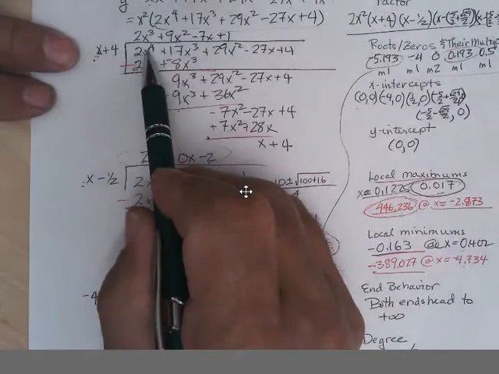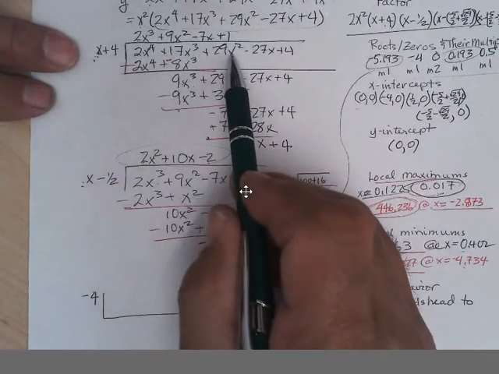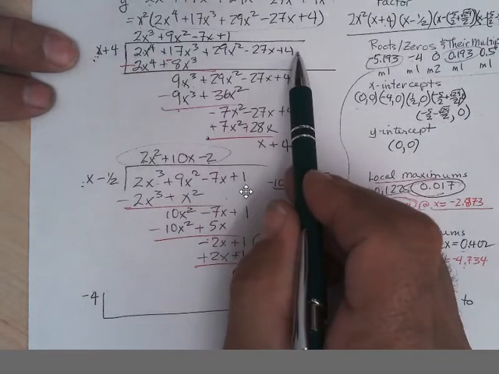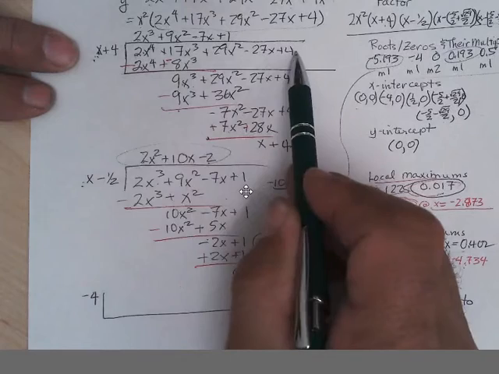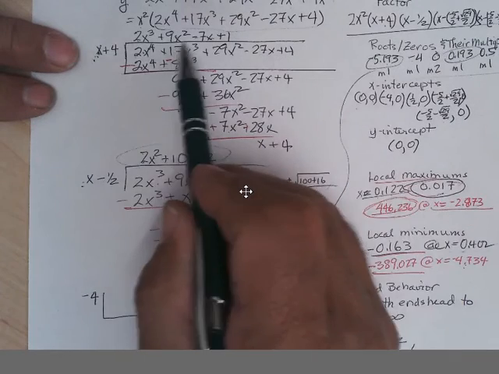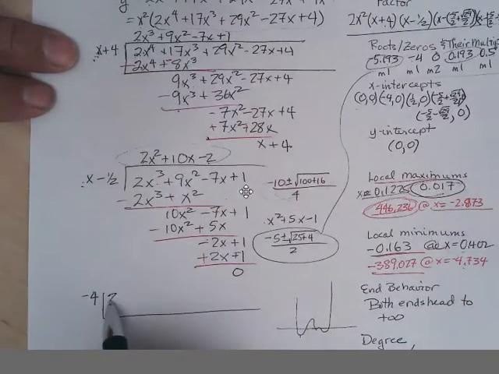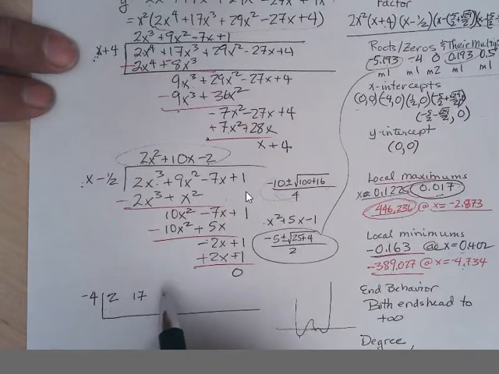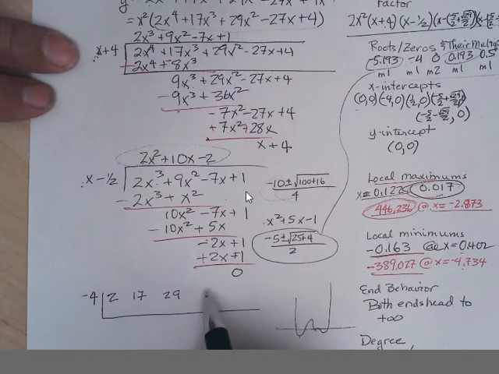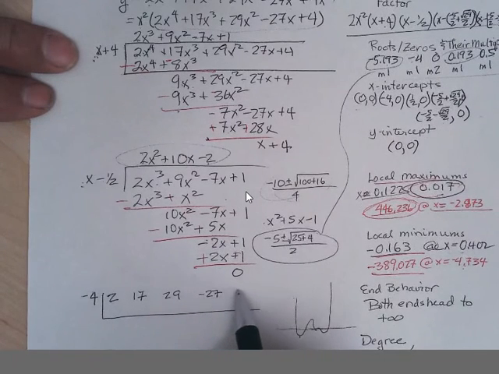We have x to the 4th, x to the 3rd, x to the 2nd, x to the 1st, and no x's. So they are all there. If there was one missing, we'd have to put in 0, but they're all there and in decreasing order. So I put in the 2, the 17, the 29, the -27, and the +4.